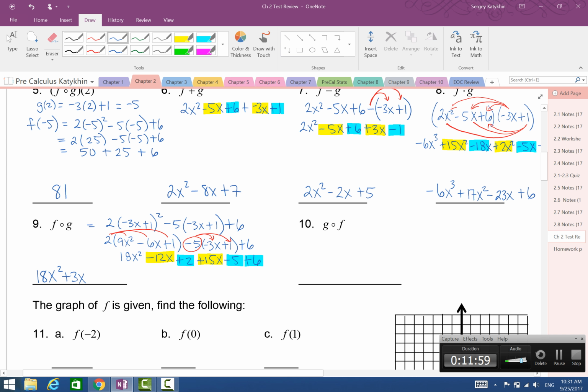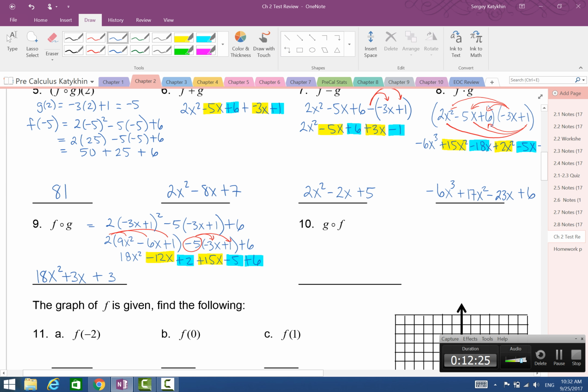Negative 3 plus 6 will give me positive 3. And that will be my final answer for f of g, or the function g placed in the function f. In this case we do have the opposite, so now I'm taking the function f and placing that in the function g.